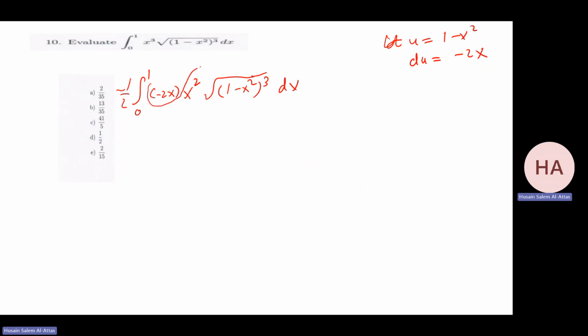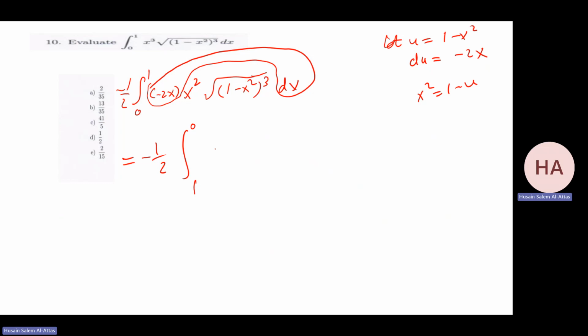So this will be my du. And x squared is 1 minus u. What about the limits of integration? 0, 1. At 0, it will be 1, and at 1 will be 0.